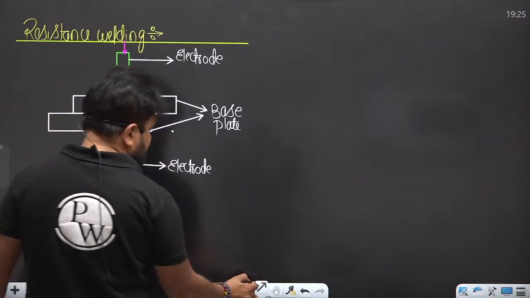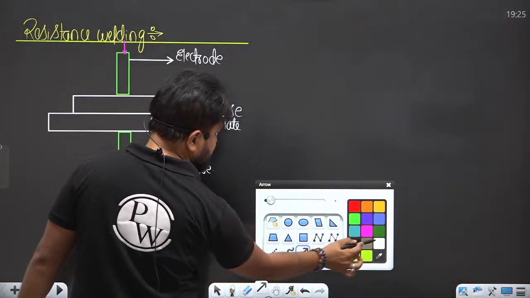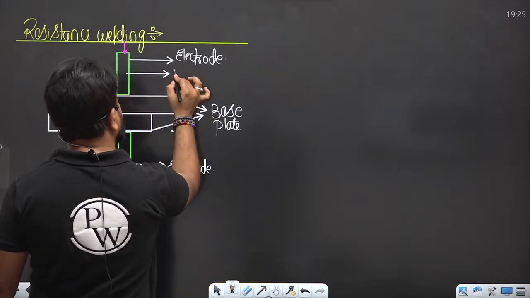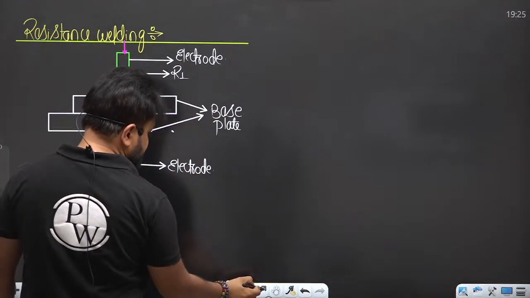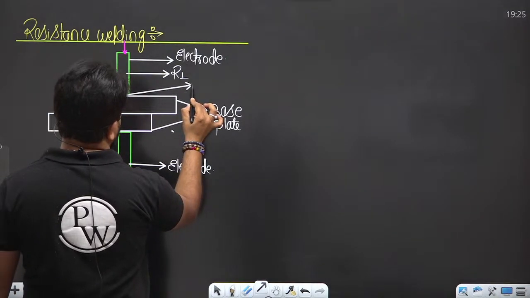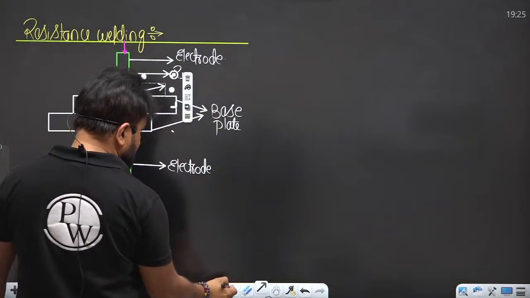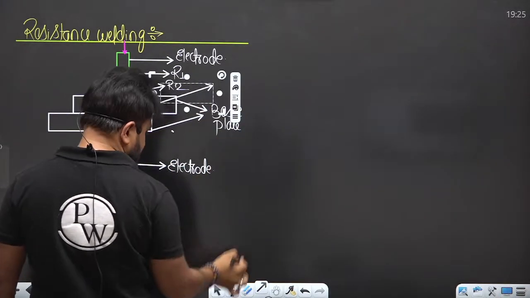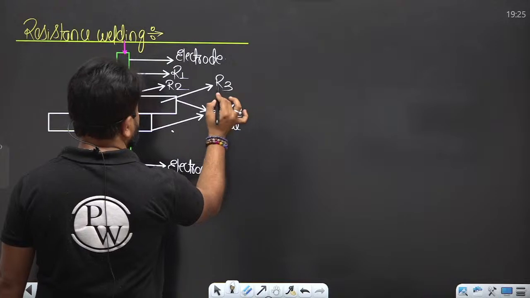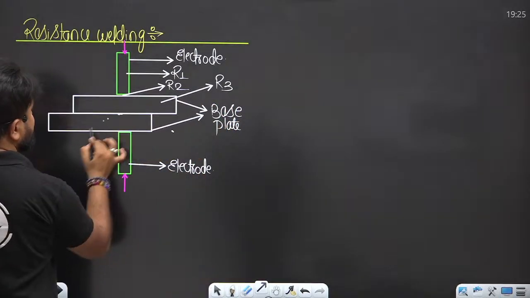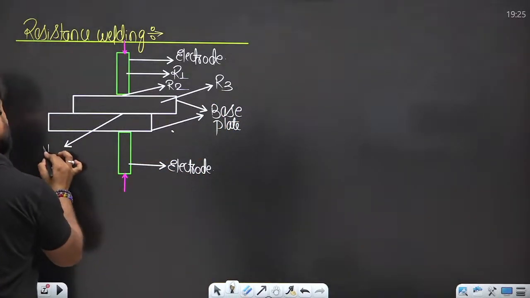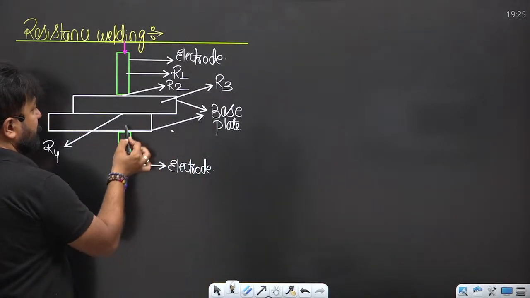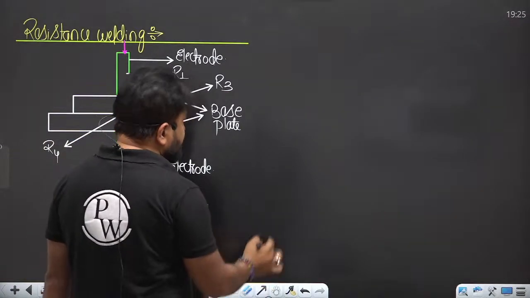Here the electrode has resistance R1. The contact resistance between electrode and workpiece is R2. There is the resistance of the plate, R3, and the interfacial resistance between the plates, R4.